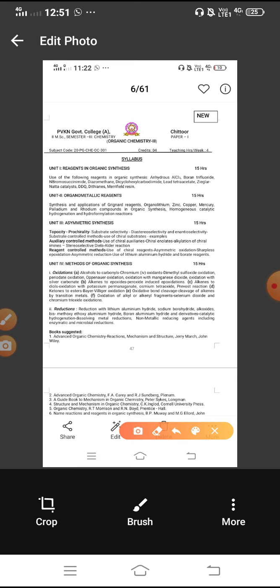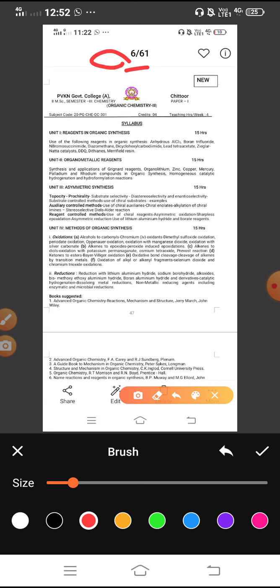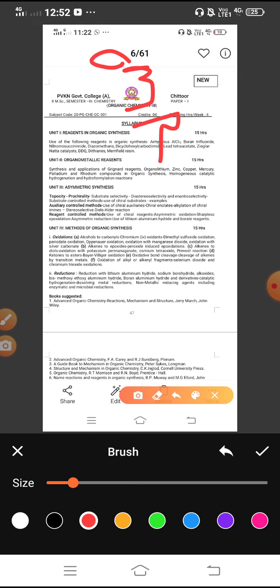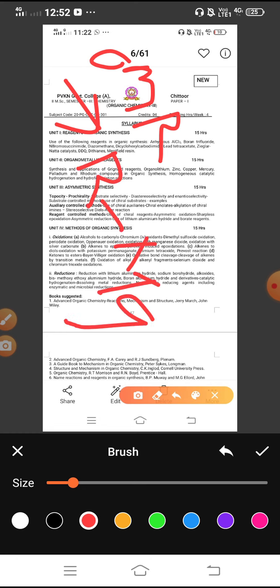What is an organometallic reagent? The reagent containing an organometal. We know a very familiar reagent, that is the Grignard reagent. Organometallic reagent, OMR. The reagent is mainly the Grignard reagent, that is RMgX.